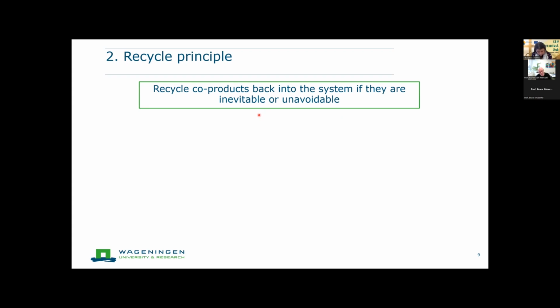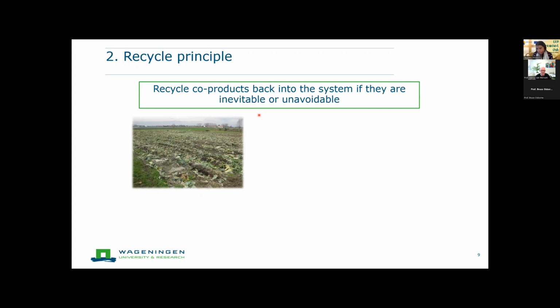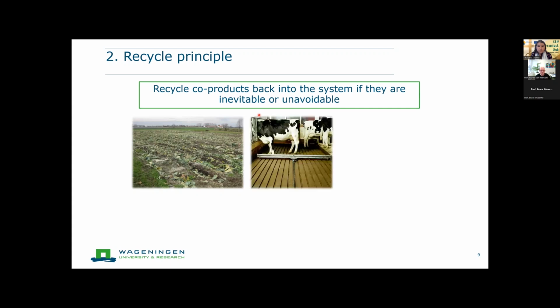And I would argue, it's largely a hypothesis also, but there are good reasons for it, that the first priority should always be to maintain our soils and keep the soil in good quality, give back enough organic matter to maintain the balance at least, and have good fertility of our soils, because that's the basis of our food production. But we also may use some of the byproducts as feed for animals and to produce beautiful products, animal proteins basically.